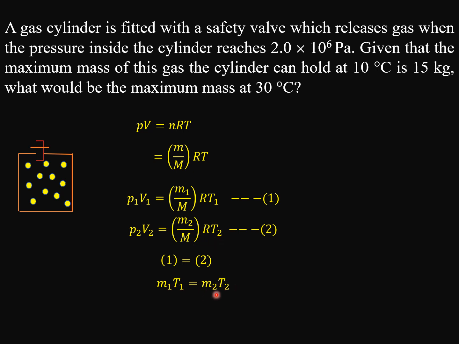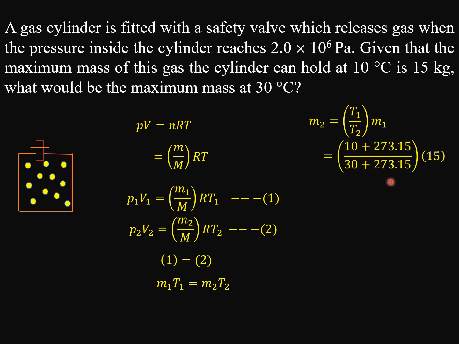So M1T1 equals M2T2. We want to find M2, the maximum mass of the gas in the cylinder at 30 degrees C when the pressure is at the maximum value of 2.0 times 10 to the power of 6 Pascal. Therefore, we write M2 as the subject of the equation: M2 equal to T1 over T2 times M1.